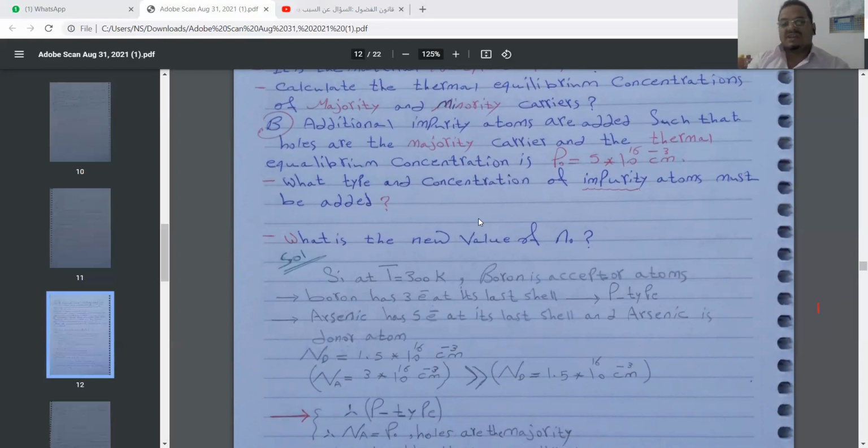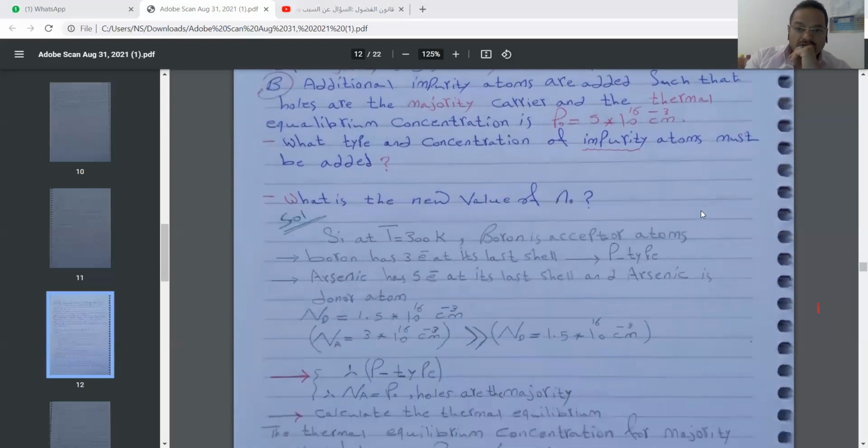Like I said before, we will do a comparison between the Na acceptor concentration at the valence band and the ND donor concentration at the conduction band, because that way we will know which type we're dealing with.